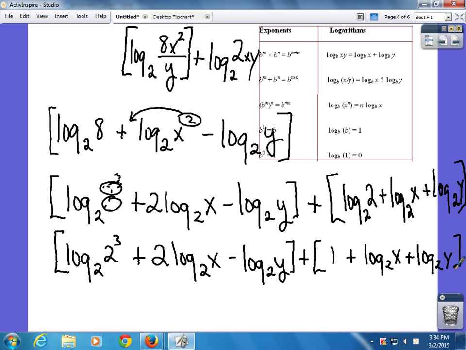And then what do I do with that 3? Bring it out front, and log base 2 of 2 is 1. 3 times 1 is 3.